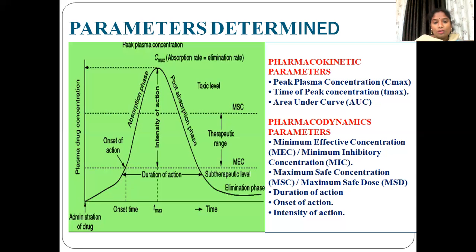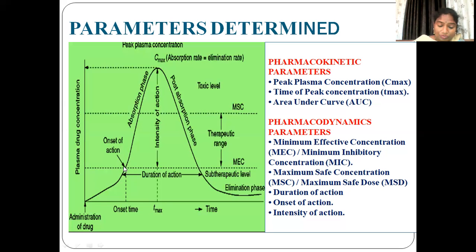A single part only will not show the action. It needs some amount of the drug to show the action. So that is the minimum effective concentration: for effectiveness, we need some minimum concentration.